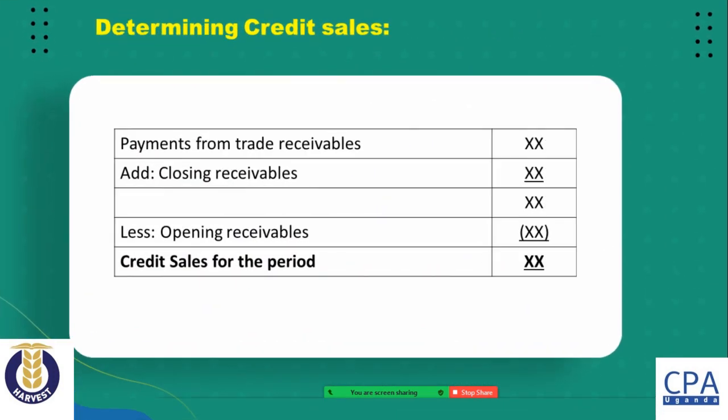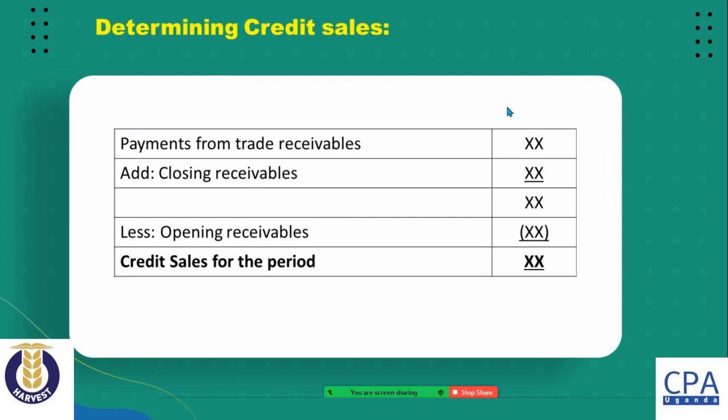Meaning that you will need to use this pro forma in order to determine the balancing figure. I'm going to share this slide immediately after the presentation, because we are going to use all these formats in the exam type question we are going to do today.